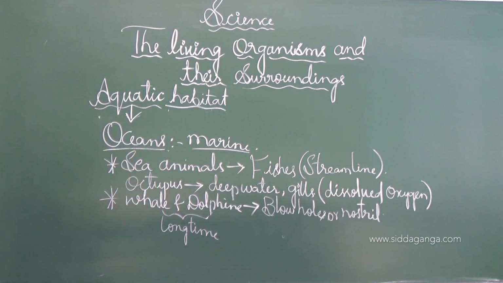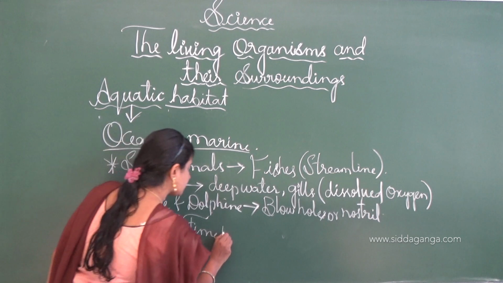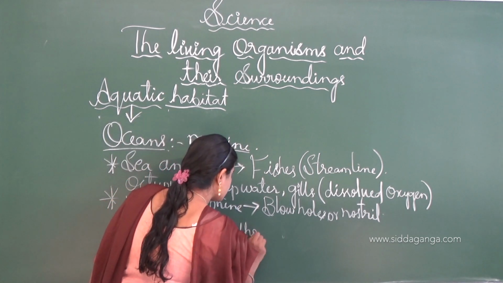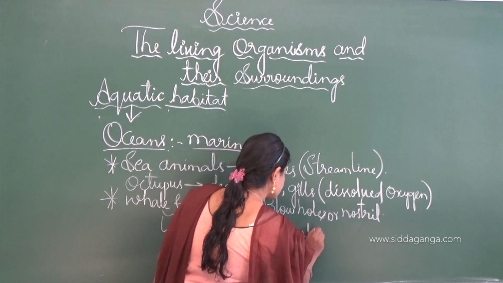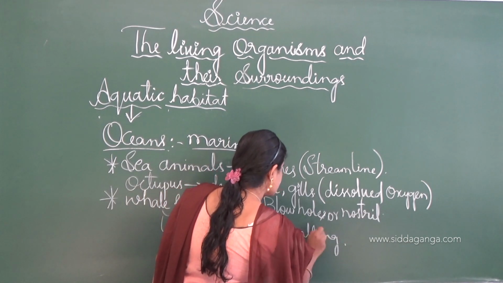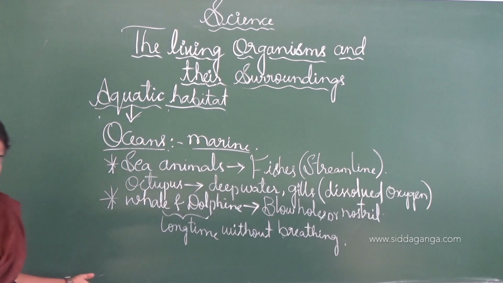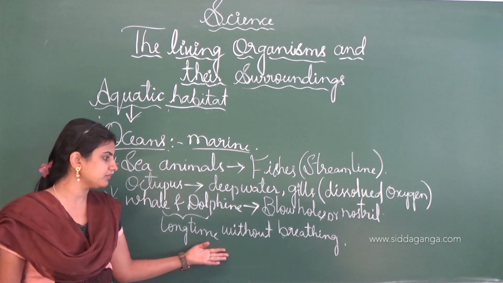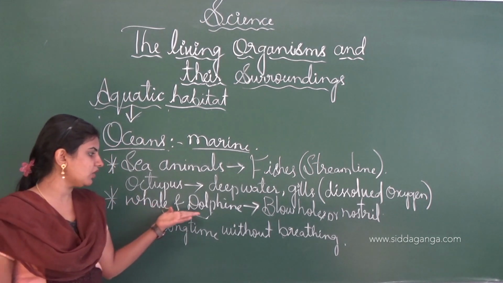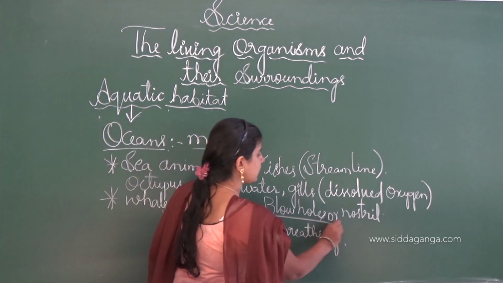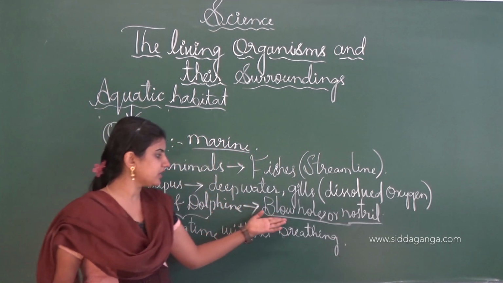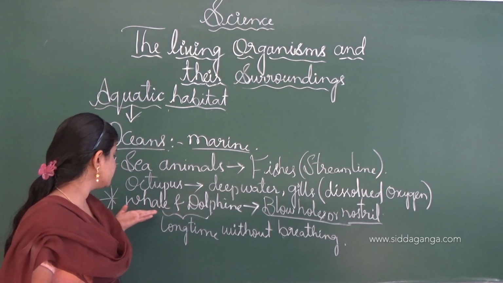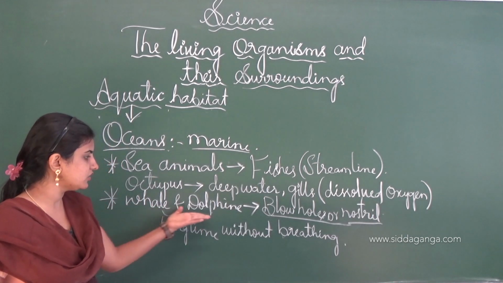For a long time without breathing, these animals stay for a long time, and here the whale and the dolphin have blowholes or nostrils, which are the respiratory organs of these organisms.